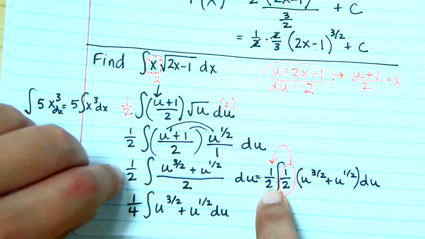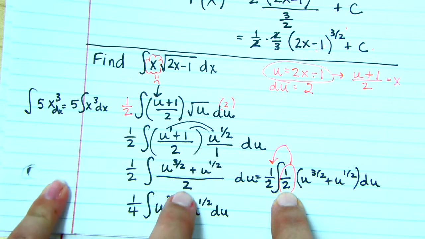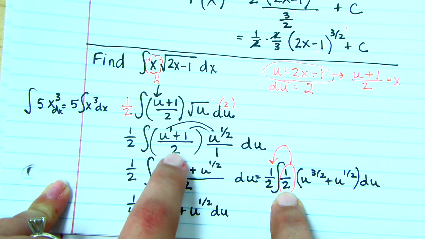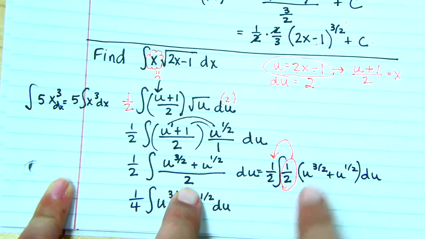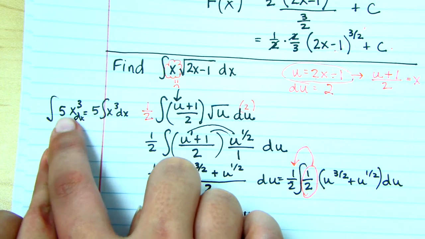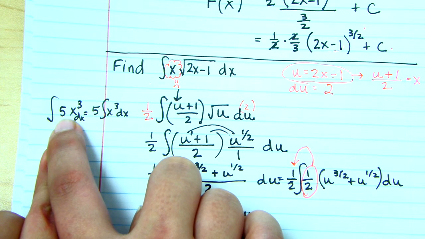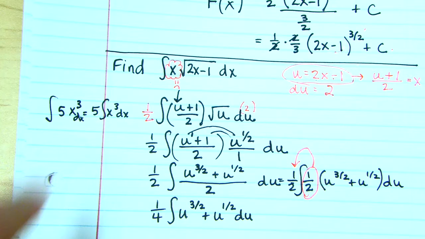This 1/2 cancels out my du, the 2. This 1/2 is my substitution divided by 2 from up here that I'm relocating out front, taking advantage of this rule that says I can take coefficients on variables and move them in front of the integrand.